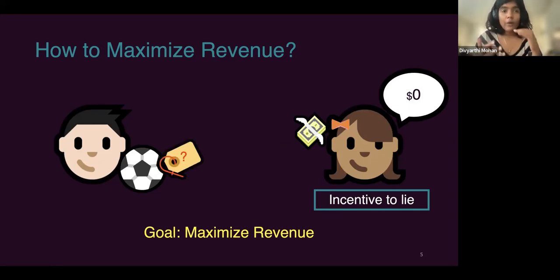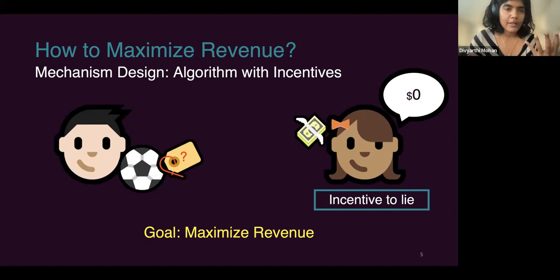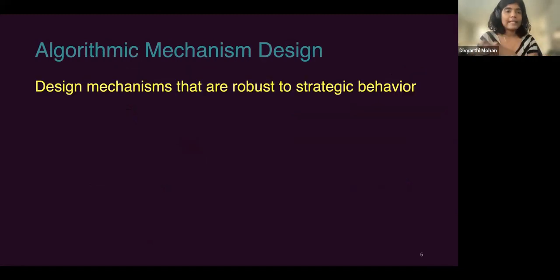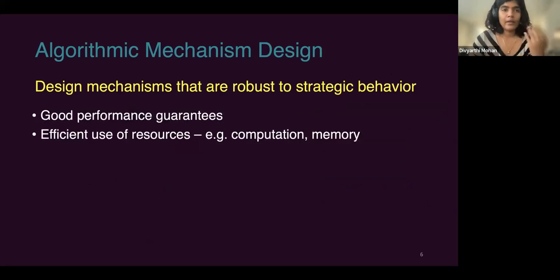So this is why it's important to design algorithms that are robust to strategic behavior, and we call such algorithms mechanisms. The field of algorithmic mechanism design exactly tackles this. It takes tools from game theory and algorithms to design mechanisms or algorithms that are robust to strategic behavior while giving good performance guarantees.